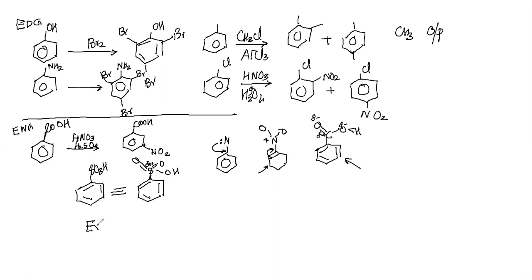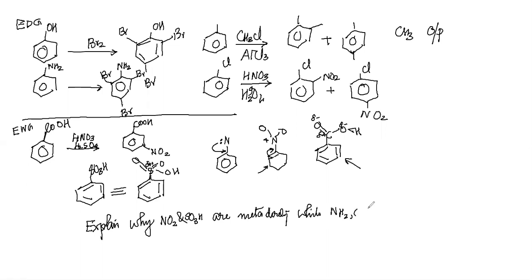Explain why NO2 and SO3H are meta directing, while NH2 and OCH3 are ortho-para directing.